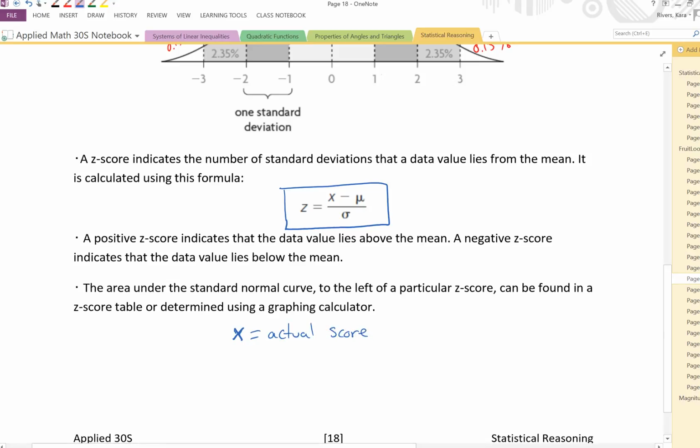When we have mu, the symbol mu, that refers to the population or sample mean. And when we talk about sigma, and sometimes a little s there, that refers to the population standard deviation.